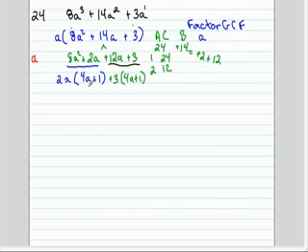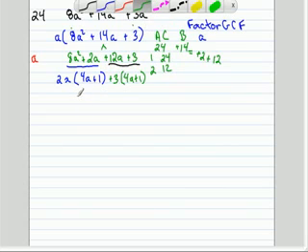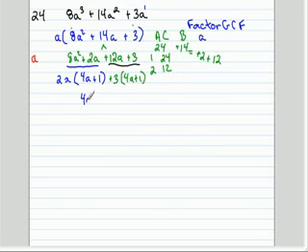My common term is the 4a plus 1, so I can factor that out. I'm going to have 4a plus 1, and I bring the other two pieces together to make my next term, 2a plus 3.